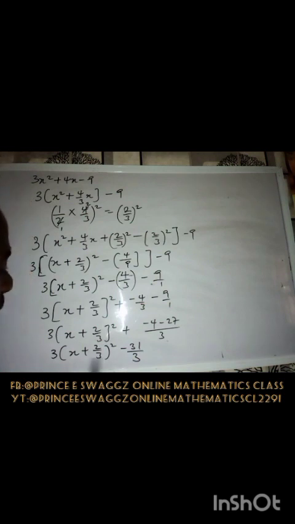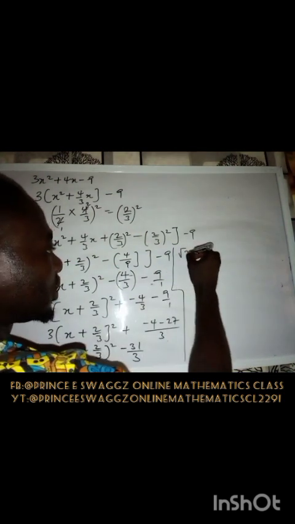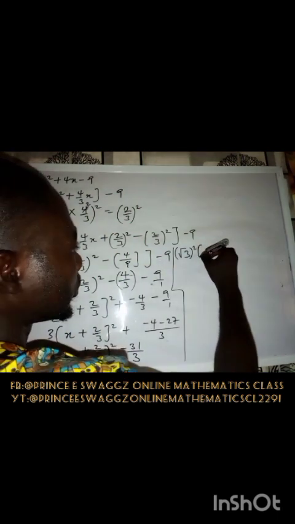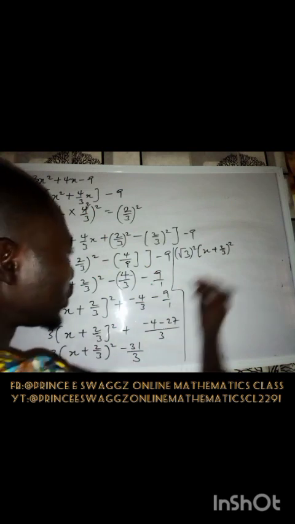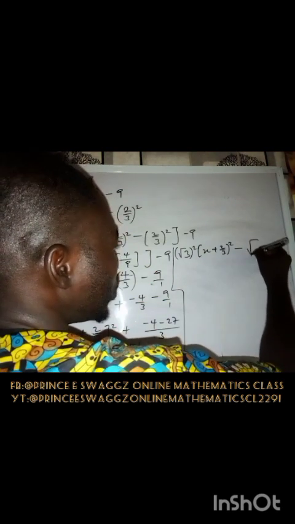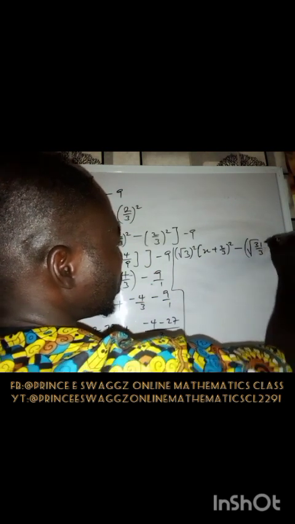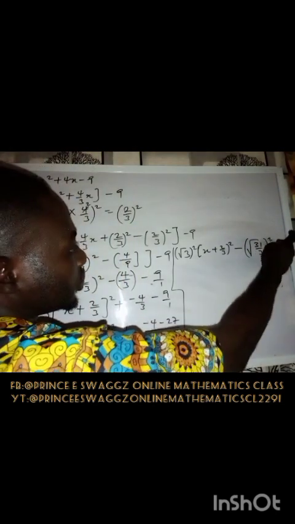Now we have to make them a difference of two squares. For me to make this one a square, I write root 3 squared into bracket x plus 2 over 3 squared. Then to make this one a square, I get square root of 31 over 3 all squared.